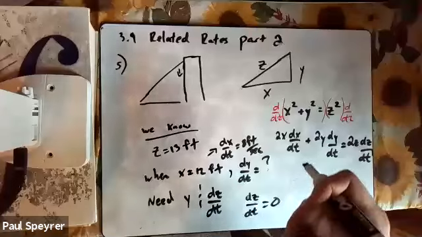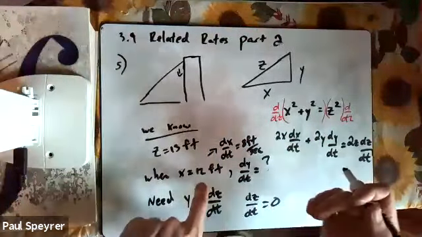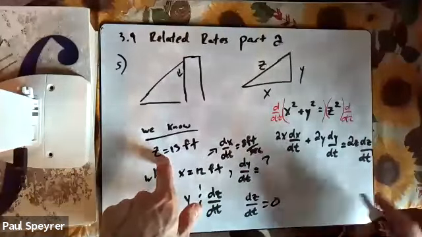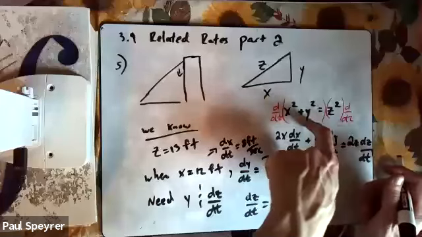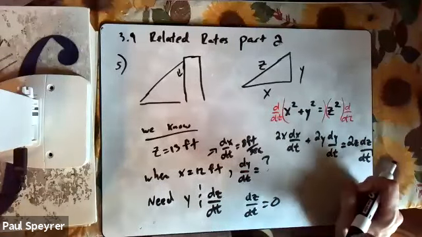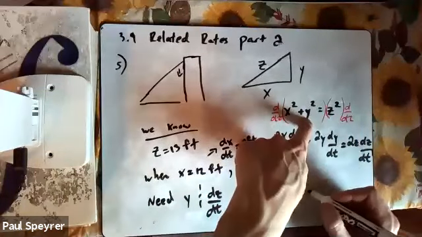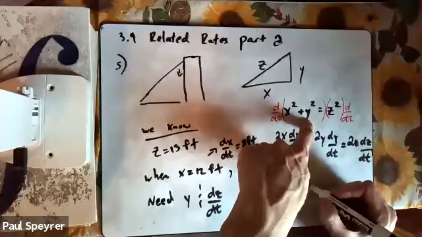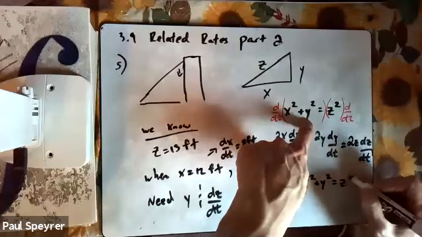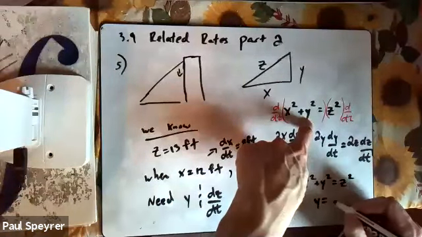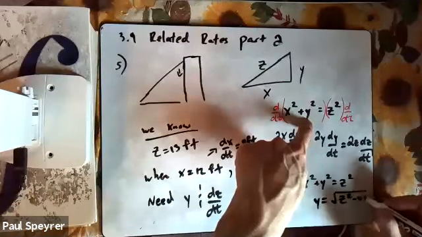What about the y though? That we do need, right? And we can figure that out. How? Because we know x and z, right? Remember, coming back from the Pythagorean theorem, if we know x and z, we can solve for y. Using the Pythagorean theorem, we can say y is equal to the square root of z squared minus x squared.